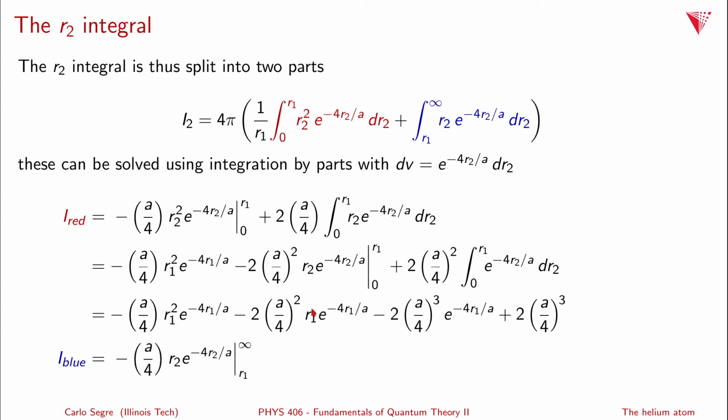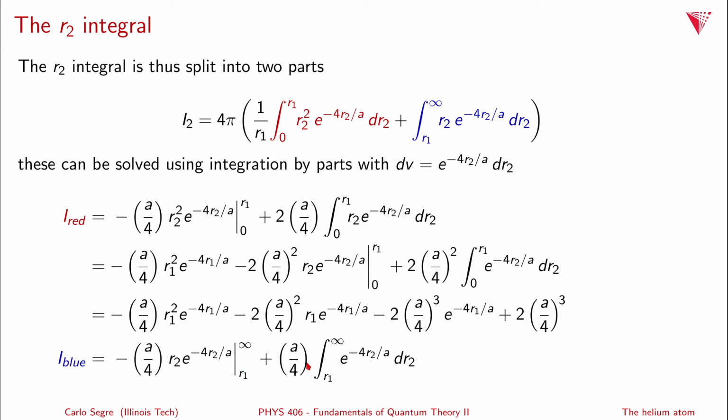The blue integral is basically this one integration by parts. So you get the first term of u dv, or uv, is minus a over 4 r2 e to the minus 4r2 over a evaluated from r1 to infinity. Again, at infinity this is going to go to 0, but at r1 you replace r2 with r1.